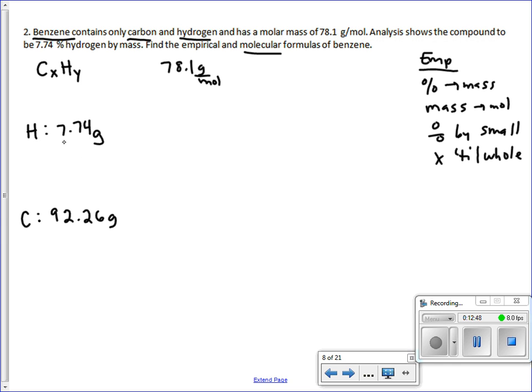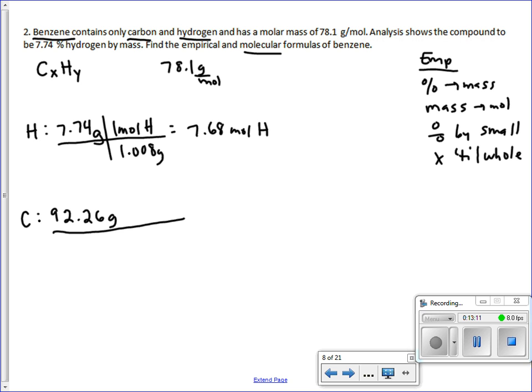All right, so the next step is to convert from mass to mole. We'll do that by applying the molar mass. 1 mole of hydrogen is 1.008 grams. Because we have 3 sig figs here, we'll carry 3 to our answer. And so if you divide 7.74 by 1.008, you get something like 7.68 moles of hydrogen.